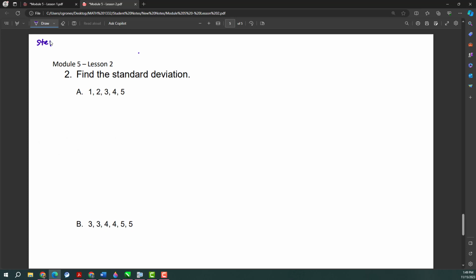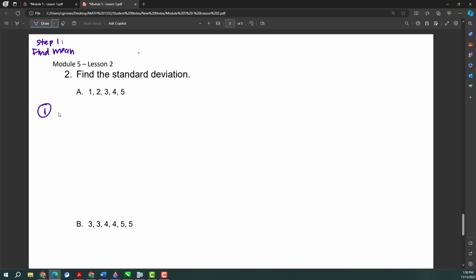So step 1, we are going to find the mean. Remember from the previous part, mean is our average. So step 1, we take the average of these items, 1, 2, 3, 4, 5.